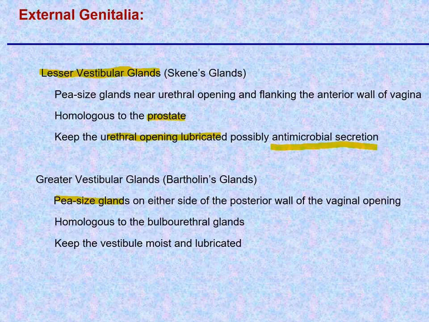This is believed to be homologous to the bulbourethral glands, sharing the same tissue of origin as the bulbourethral glands in the male. And the secretion of the glands helps to keep the vestibule moist and lubricated, particularly during sex.